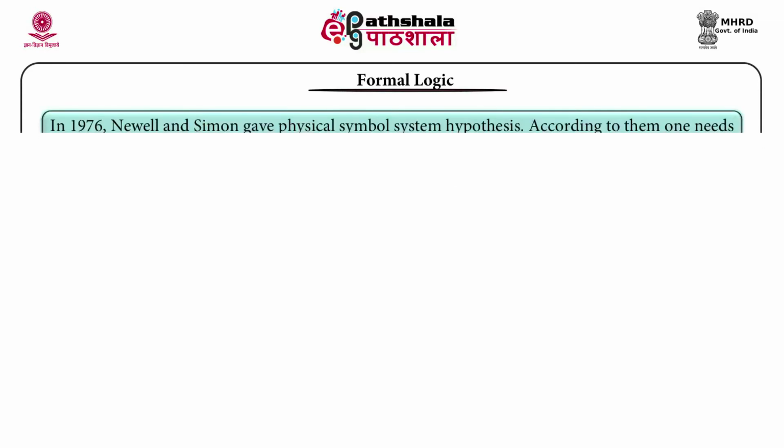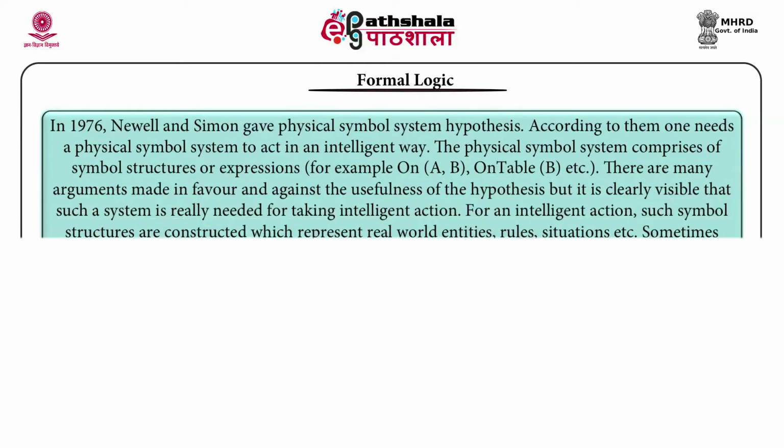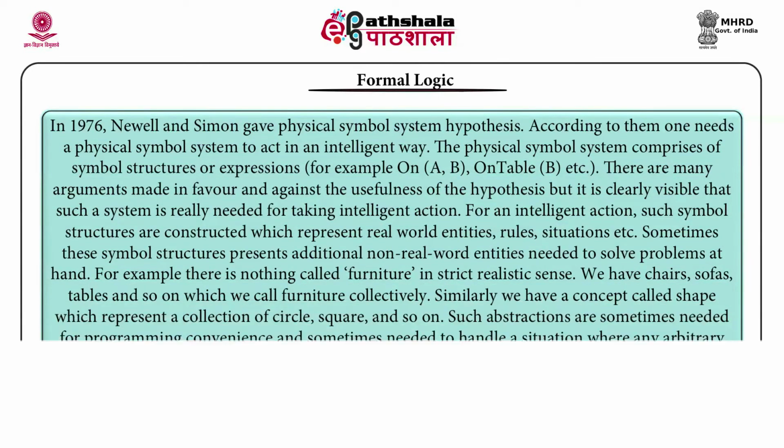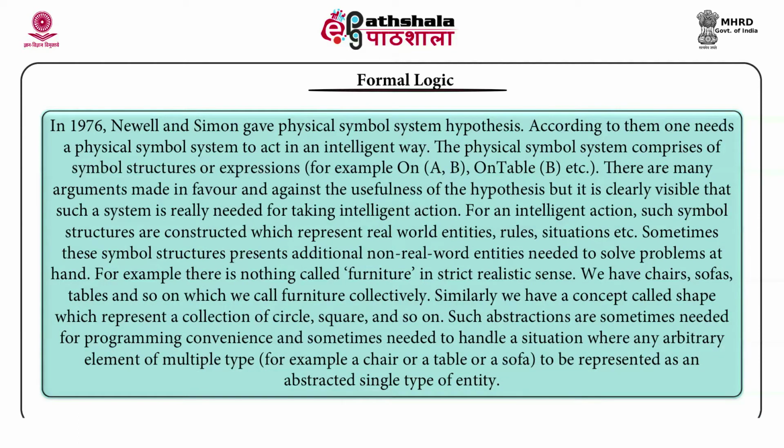We have seen the state space case: we need to define the problem state, and we also have to define the rules. We did that in the initial modules without really telling how exactly one can form this. Now we are going to discuss a formal method of representing statements and rules. The basis of this formal logic is something called symbolic representation.